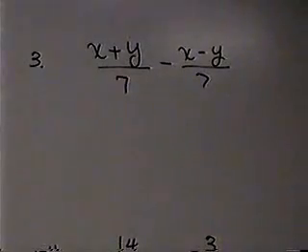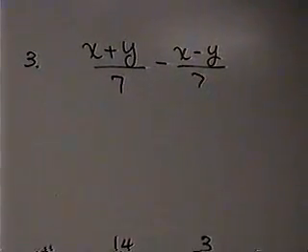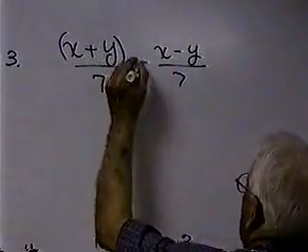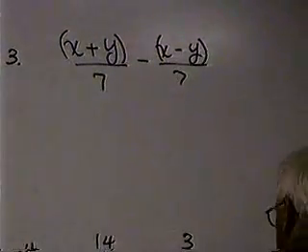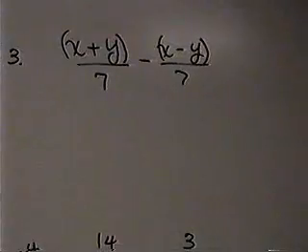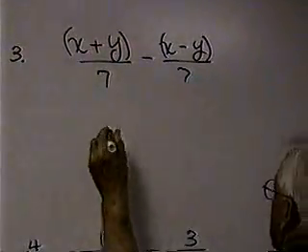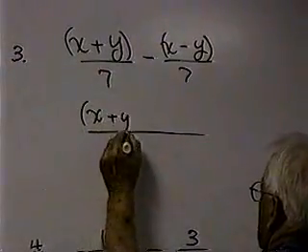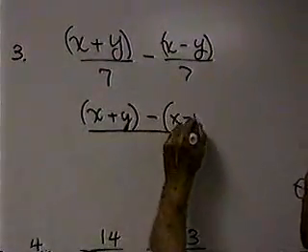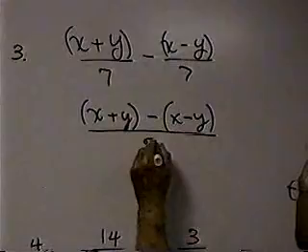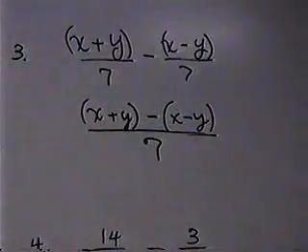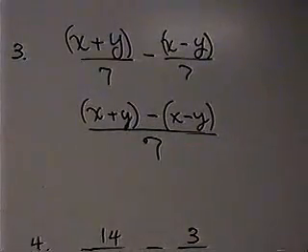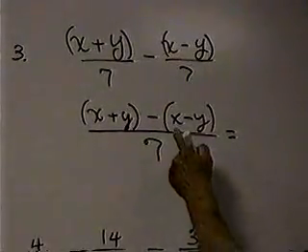Now, example 3 is trying to show you to be careful of minuses in front of parentheses. All right, what's our statement? Put binomials in parentheses. Okay, we have a common denominator, so we simply add or subtract the numerators. Okay, now remove parentheses.